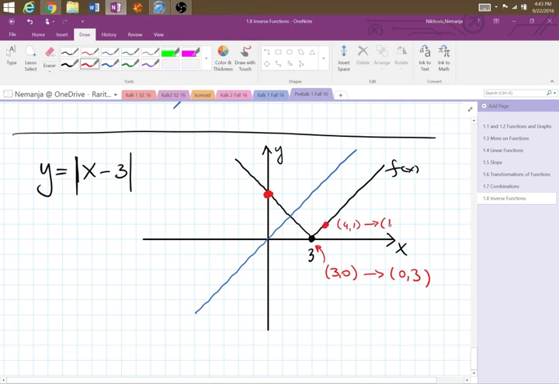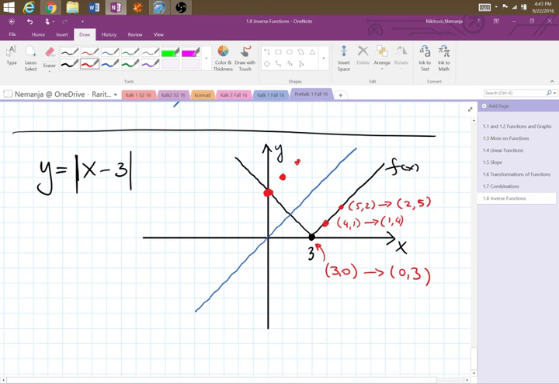When you swap, it gets 1, 4. This point is 5, 2. When you swap x and y, you get 2, 5. And one more, this point here, which is 6, 3. When you swap it over, it becomes 3, 6. And that's one right there.